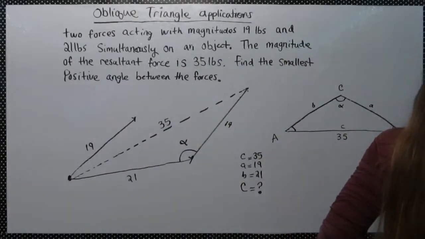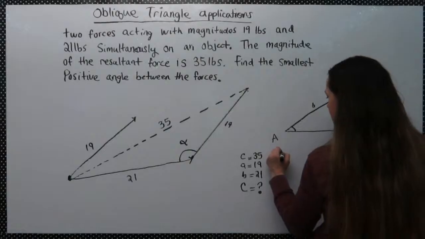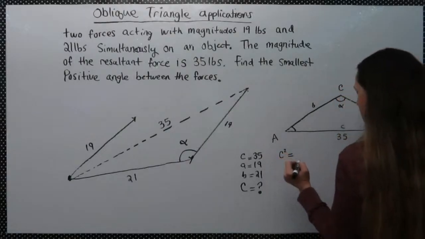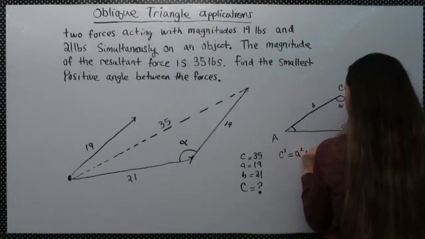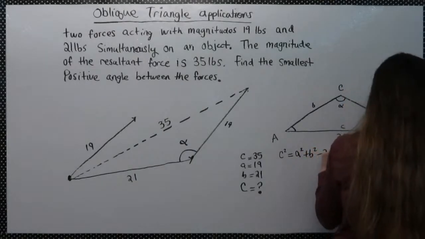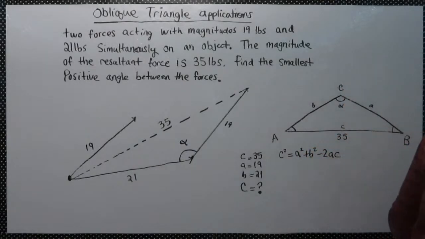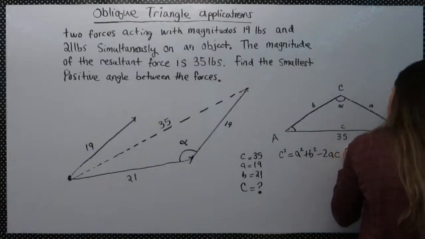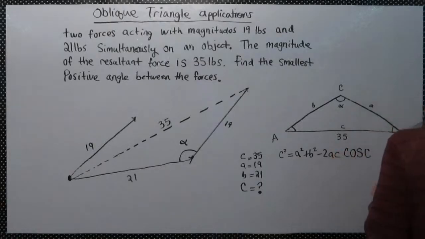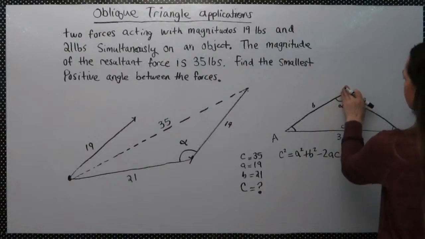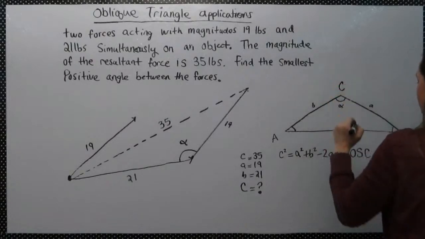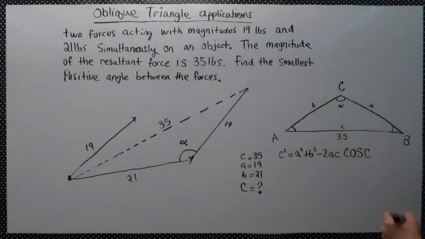All right, so the law of cosines says c squared equals a squared plus b squared minus 2 times a times b times the cosine of big C. I'm going to make the C a little bit bigger just so we can distinguish big C, the angle, and little c.